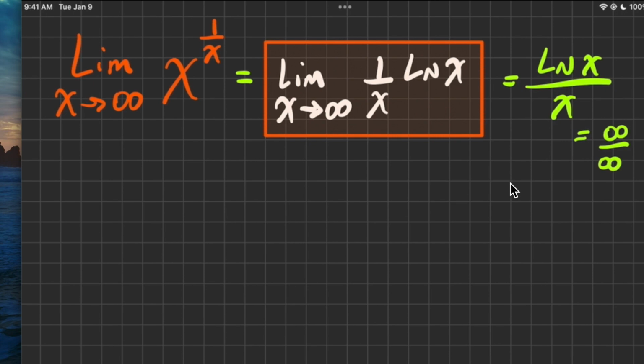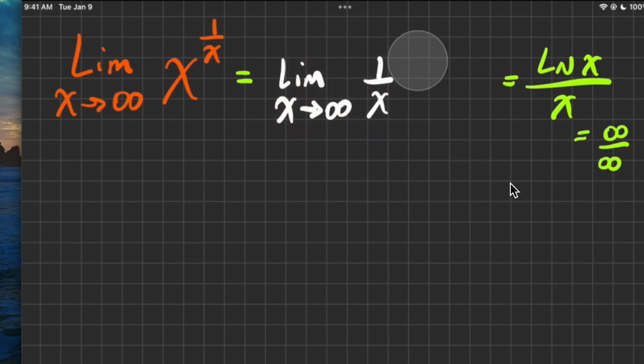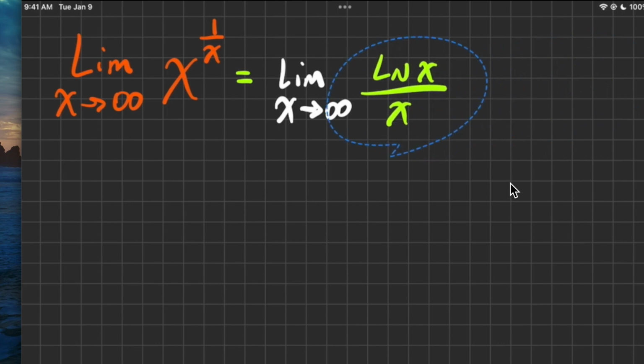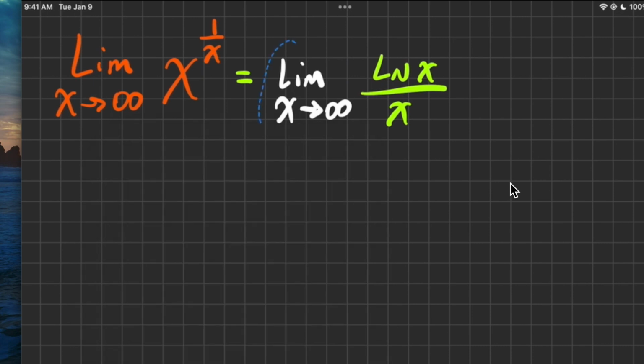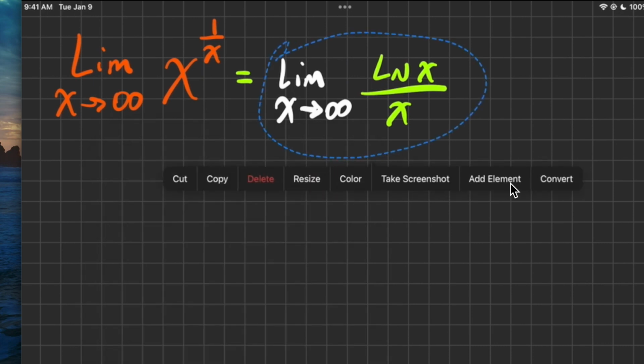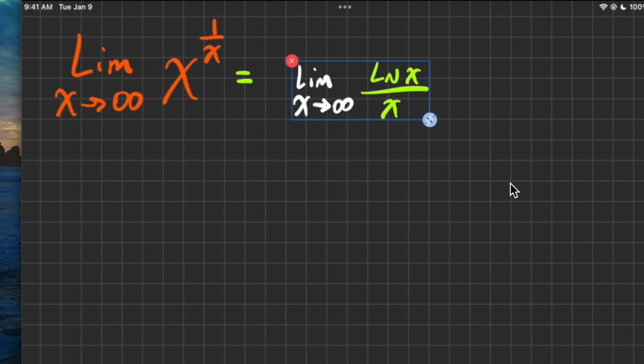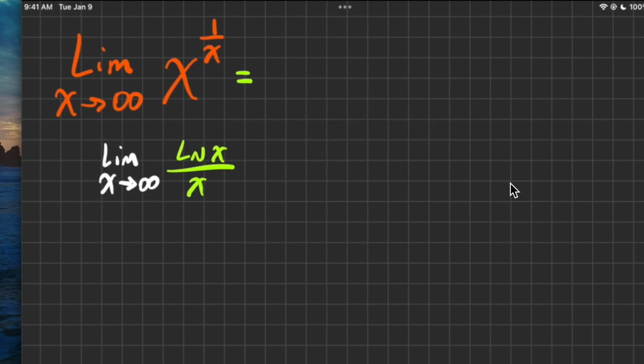So folks, we're going to apply L'Hopital's rule to this limit that you see here. We are not going to use the quotient rule. All right, so this is going to be the limit as x approaches infinity.